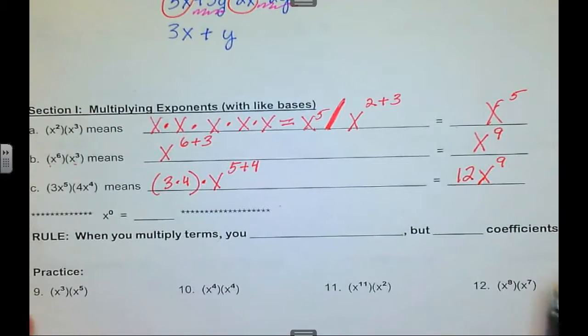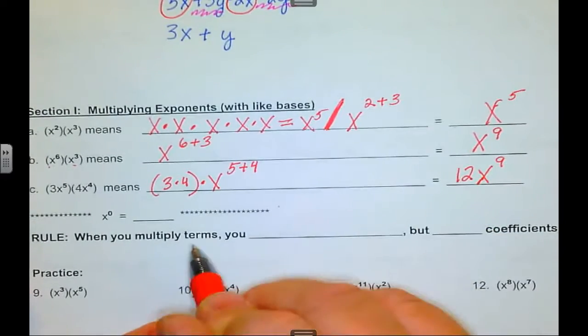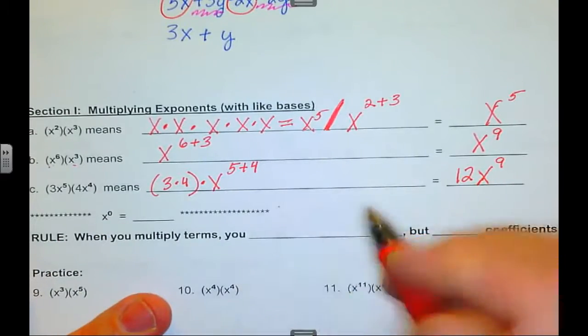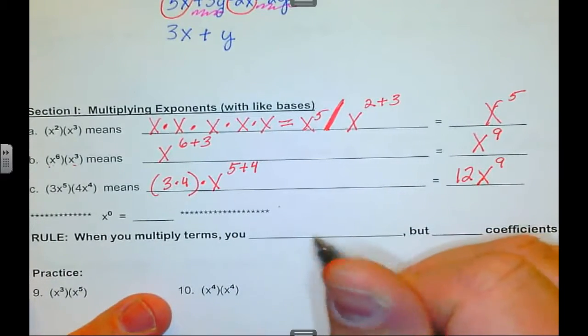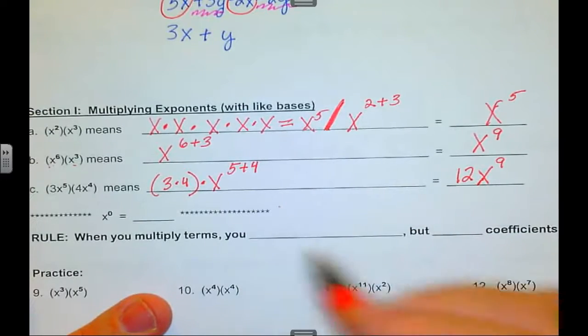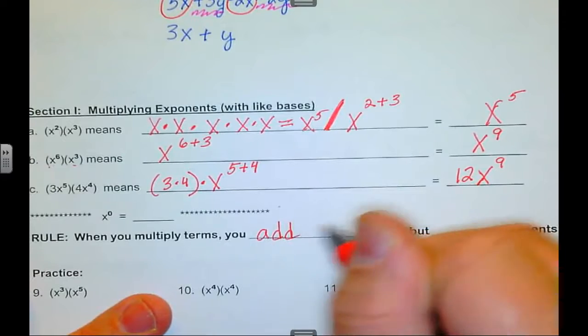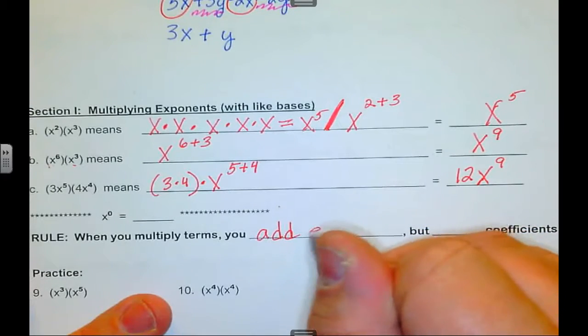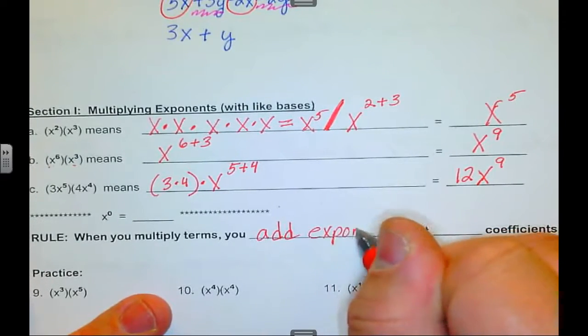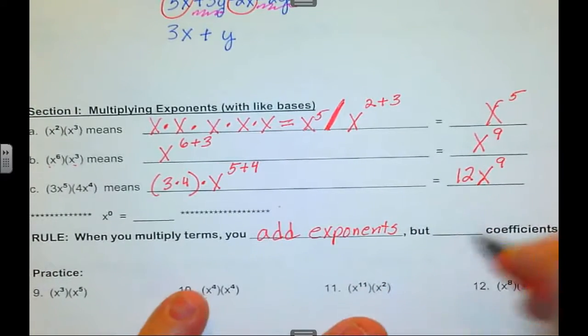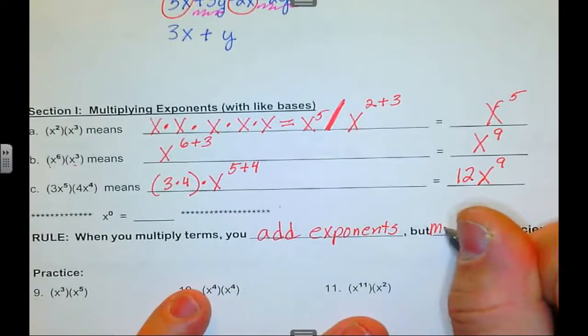So the long drawn out rule is when you multiply the terms, because each one of these is a term, when you multiply them, you add the exponents. But multiply the coefficients, right?